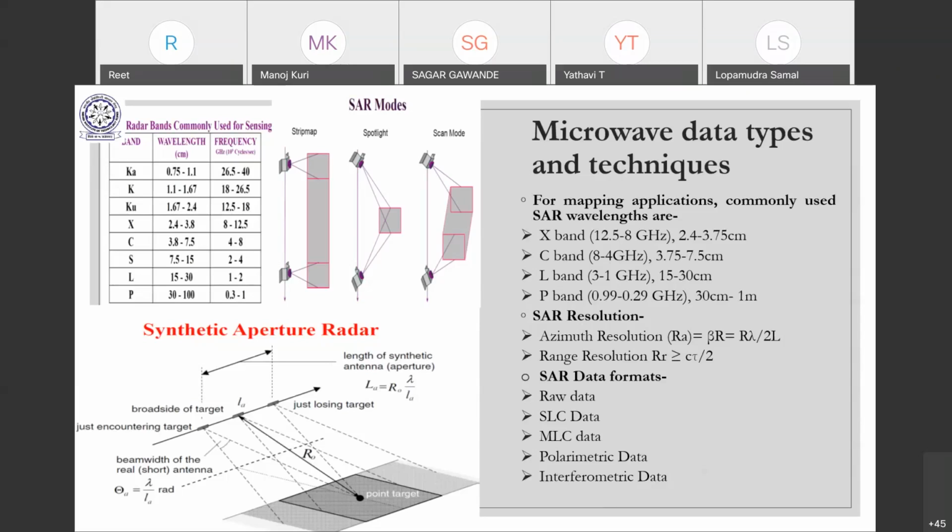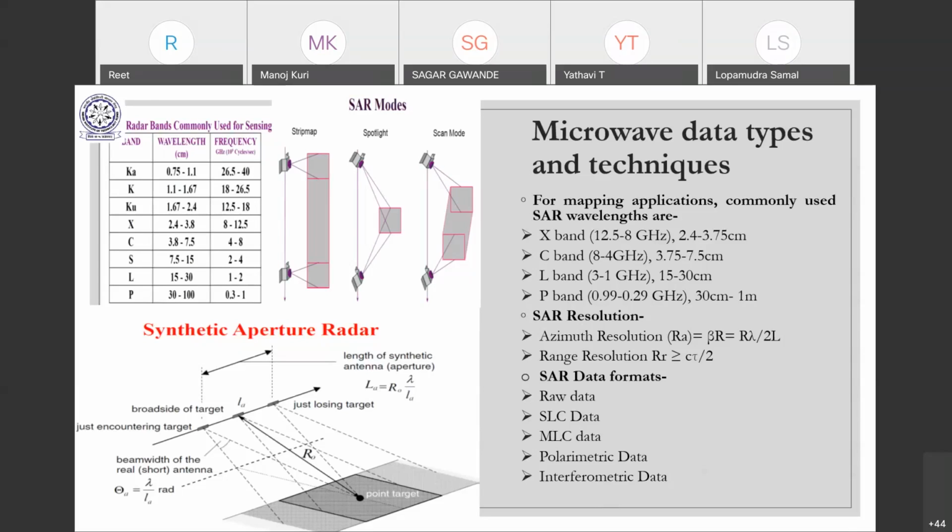It is called multi-look complex. So the information from several bands or several look directions are compiled together to form a much clearer and better resolution data in the MLC data. So both have their advantages and disadvantages.